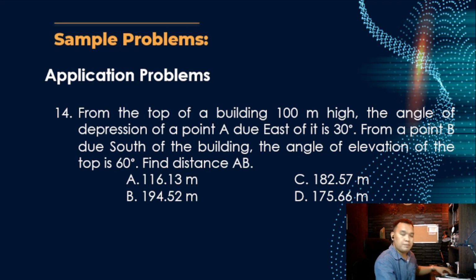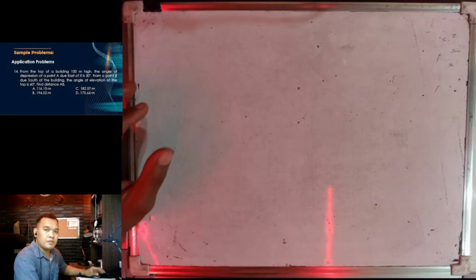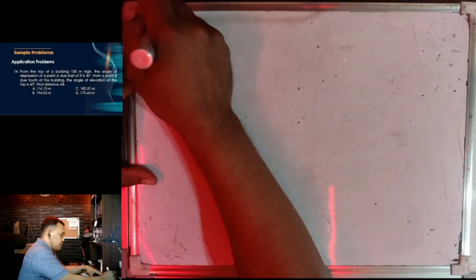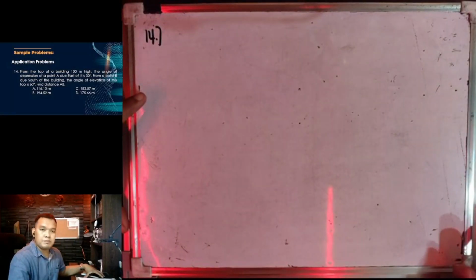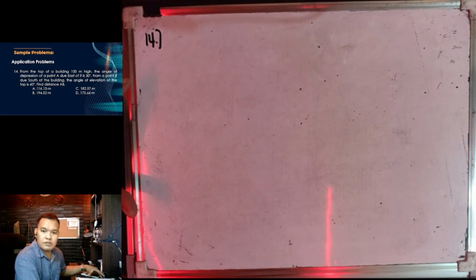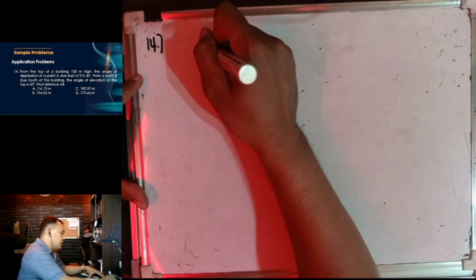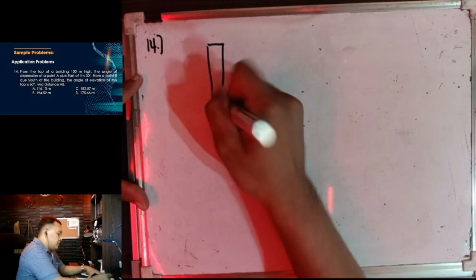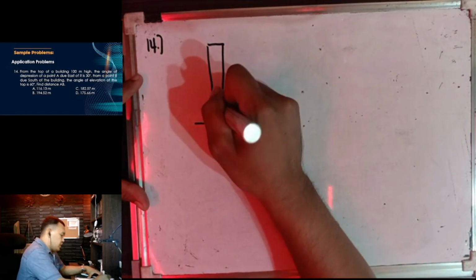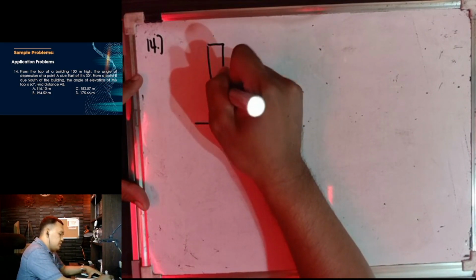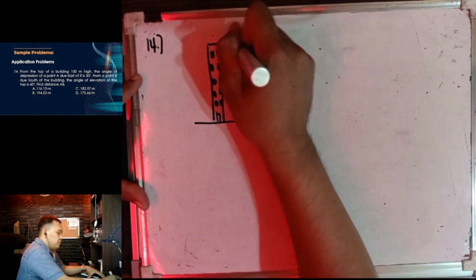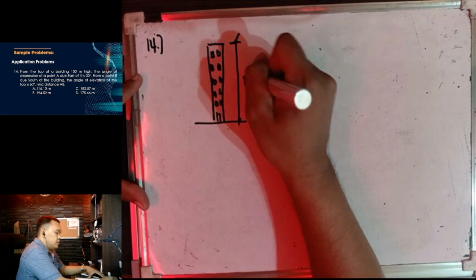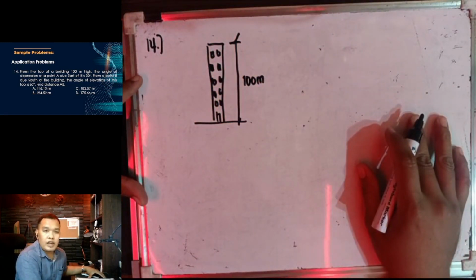So we have here, let's put it on the board, number 14. Okay. So we have a building that is 100 meters, the height of our building. Then it says the angle of depression at point A due east, no?